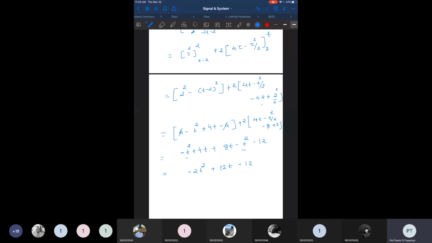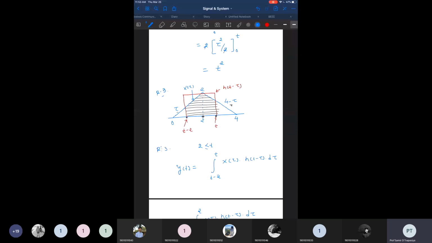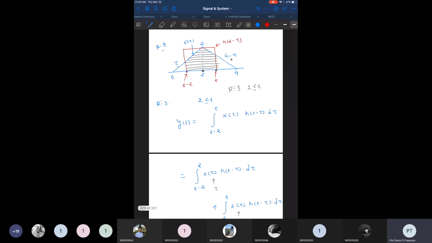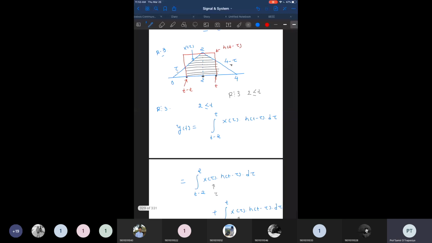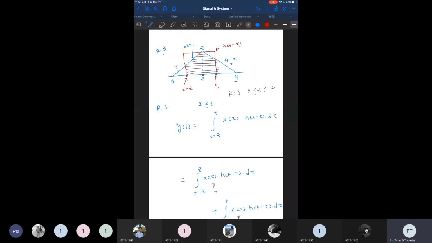And now finally we go with region number 5. In region number 5, we are considering the signal which is basically from 0 to 4, and this 2 is, but now this rectangular function is crossing this boundary.